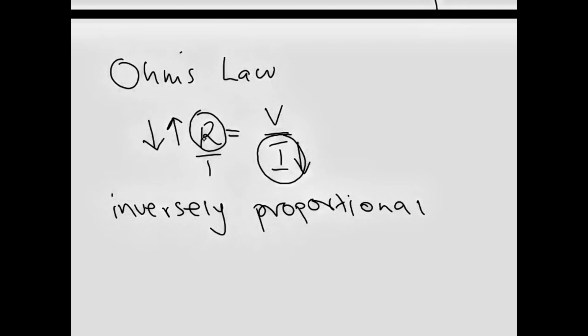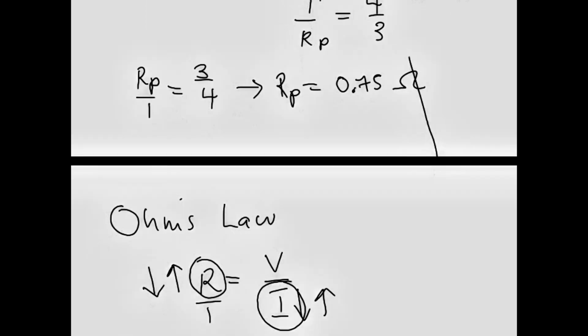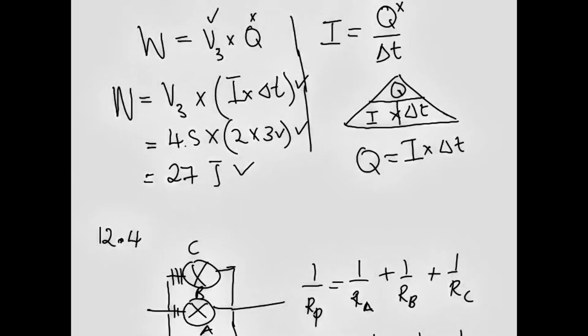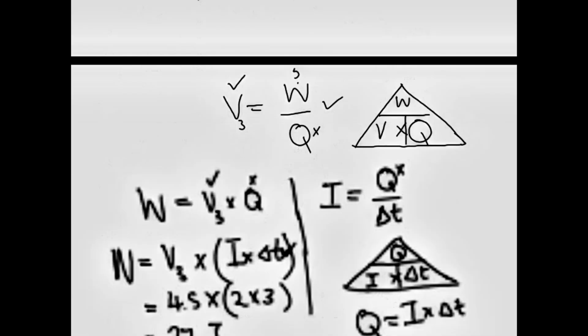In this instance, remember, we calculated the total resistance as 1 plus 3, which was 4. It has decreased from that value to 0.75.